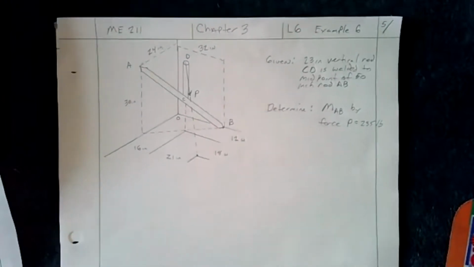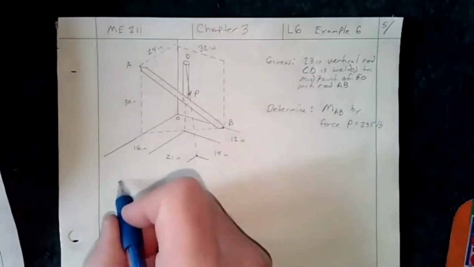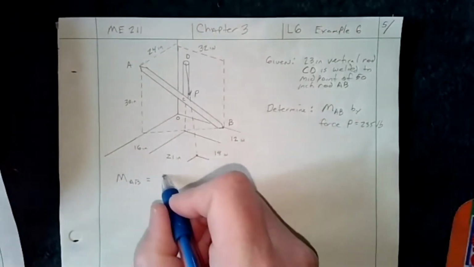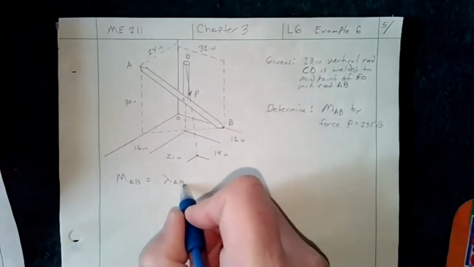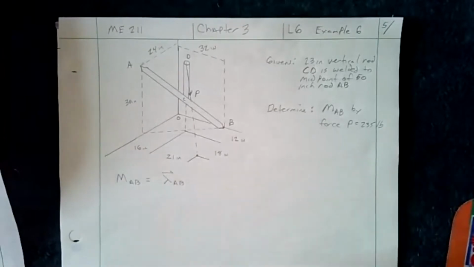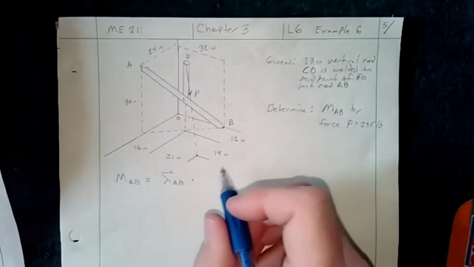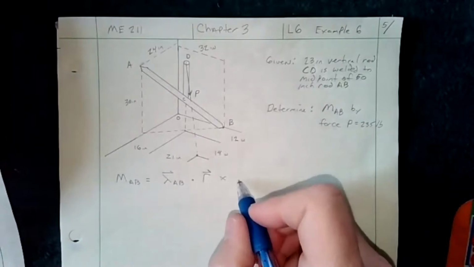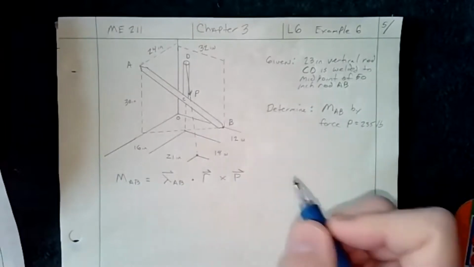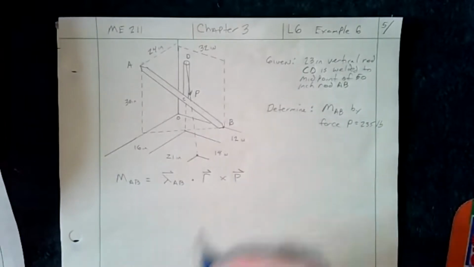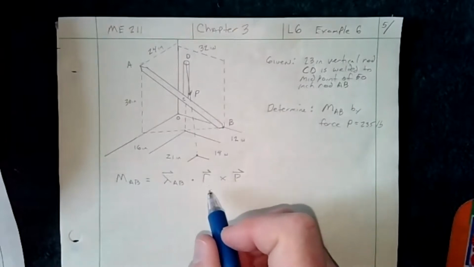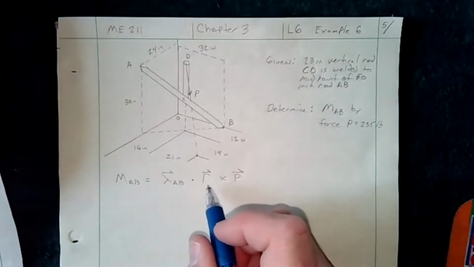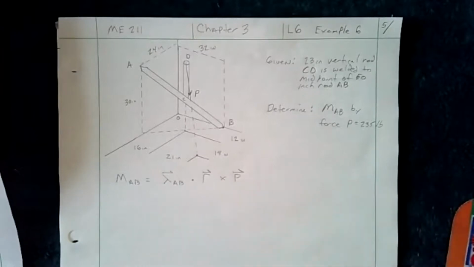As we know, if we want the moment of AB, that's going to equal the unit vector lambda AB dotted with R cross P. I haven't put a subscript on R, so depending on where you want it to go from, that's certainly an option.